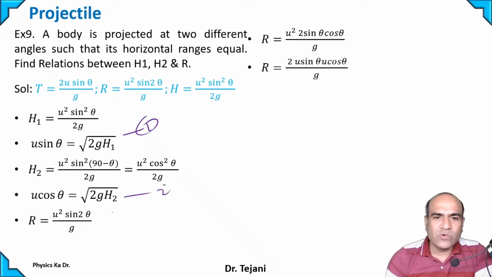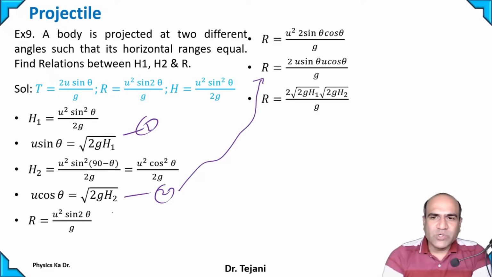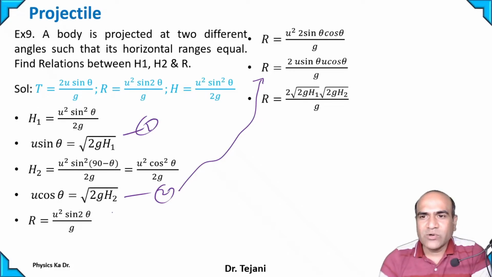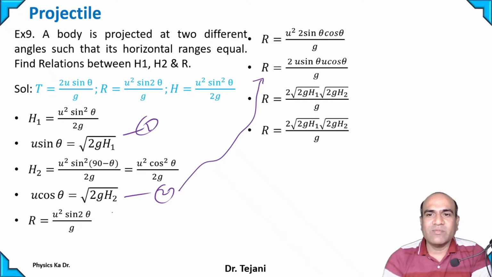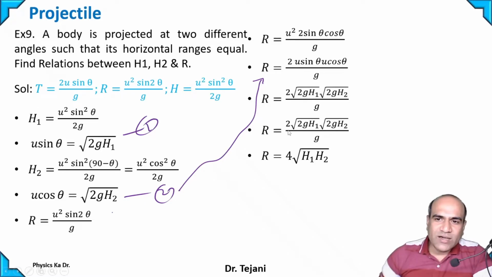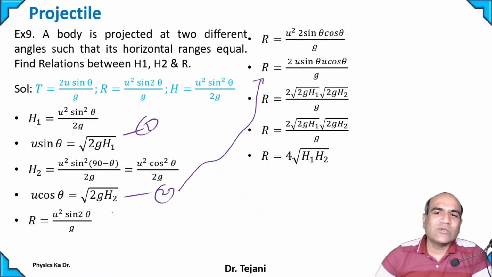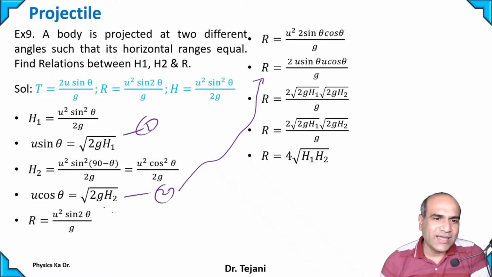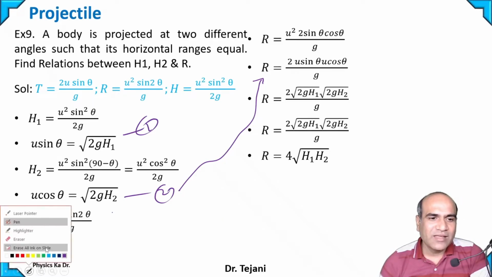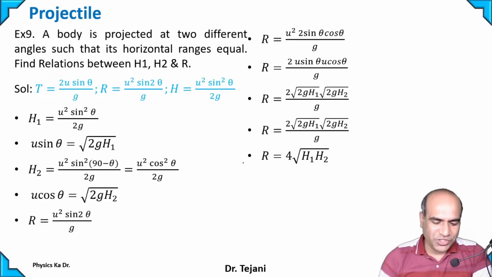Let's call this 1 and this 2, and put here in this equation. So it becomes 2 under root 2gH1 under root 2gH2 over g. It becomes R is equal to 4 root H1 H2. This is the solution for this question.